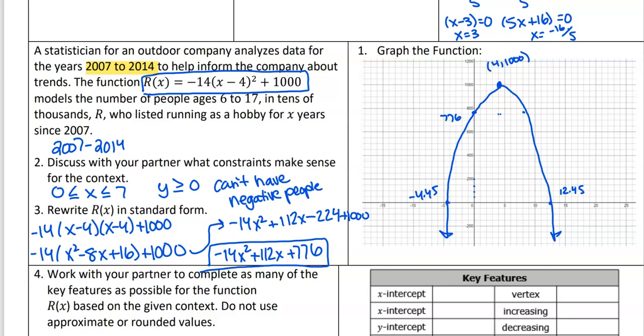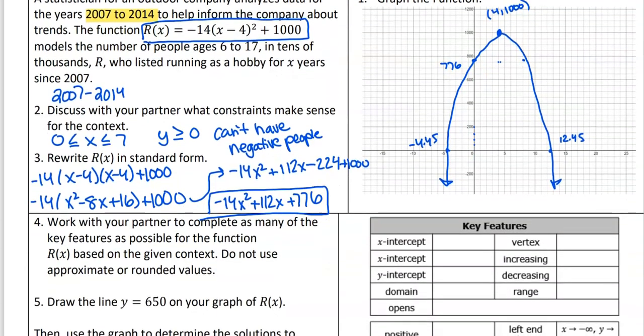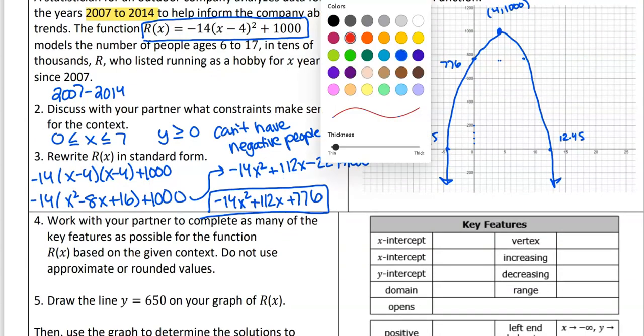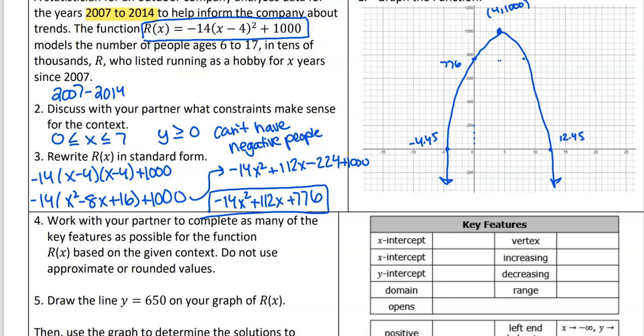All right, let's do as many key features as possible. Looking at our graph kind of brings back an old unit. What x-intercepts did we have? Negative 4.450. Those are exact, right? It said do not use approximate or rounded values. We actually found those in the calculator, so these are exact. My other x-intercept is 12.450.